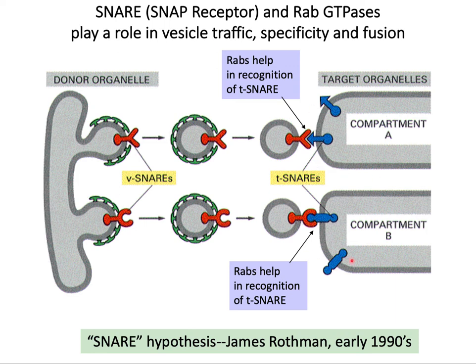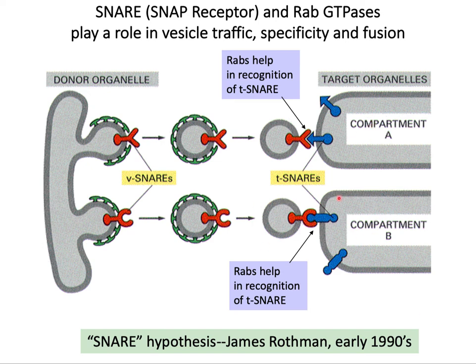So in this example, the transport vesicle destined for compartment B has V-SNAREs that cannot interact with the T-SNAREs on compartment A. Likewise, the V-SNAREs on the vesicle destined for compartment A cannot interact with the T-SNAREs on compartment B. That prevents the vesicle bound for compartment B from fusing with compartment A and vice versa.